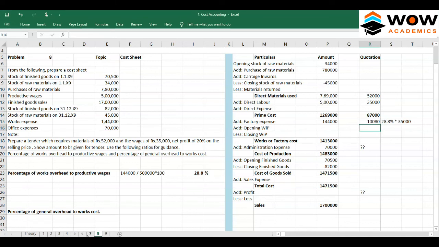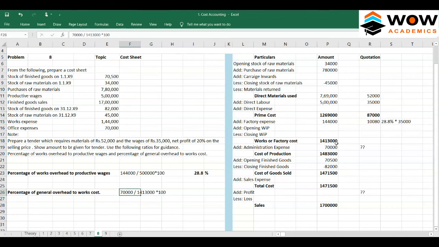In the same way, we can also find out what's the percentage of general overheads to works cost. So general overheads is the administration expense. That's what he is telling as general overheads. So that is going to be 70,000 as a percentage of works cost. Works cost is 14,13,000 into 100.